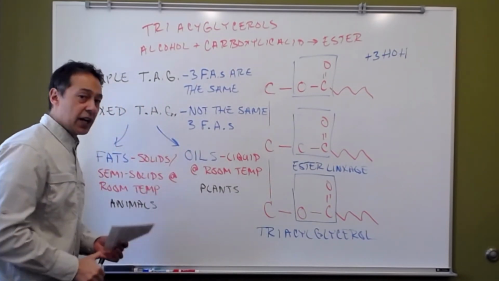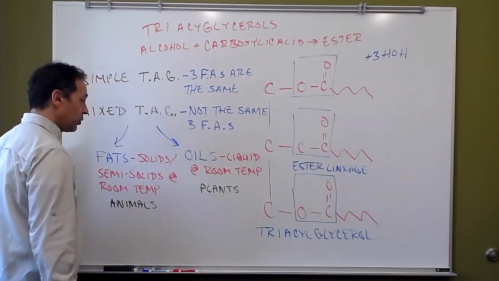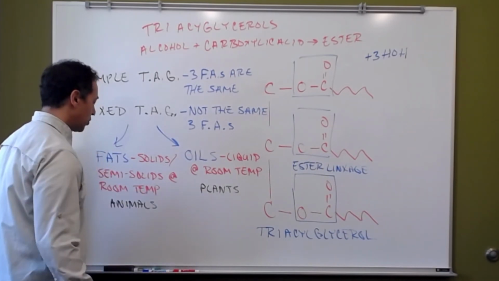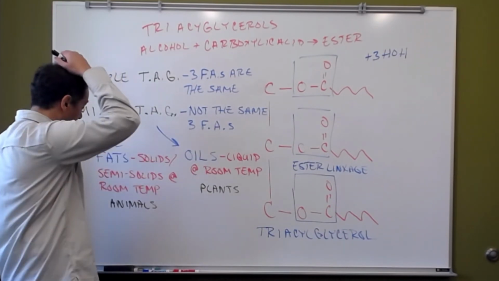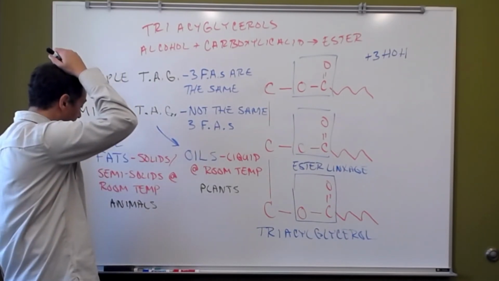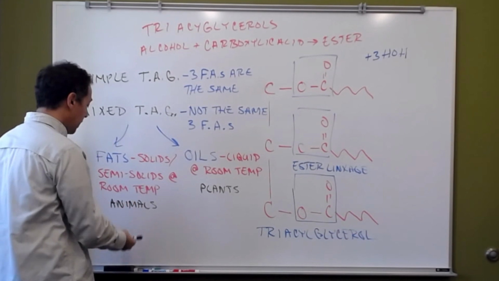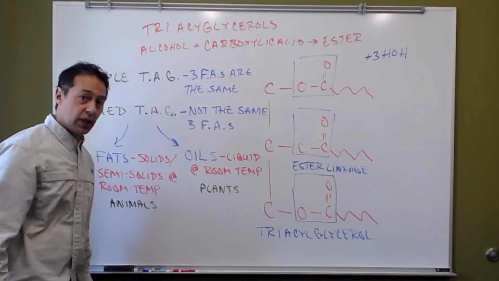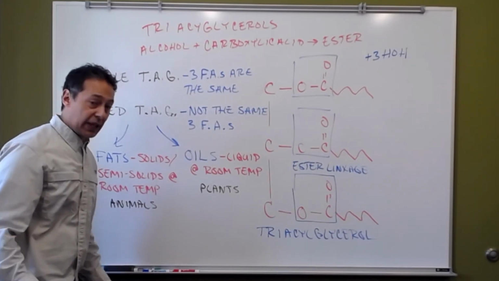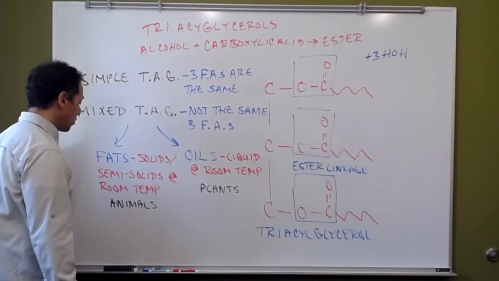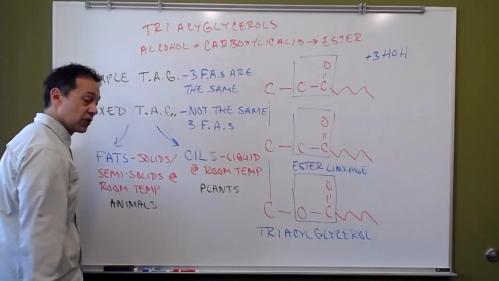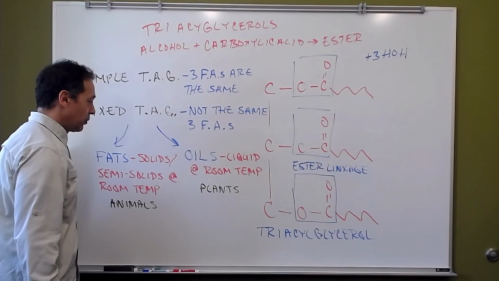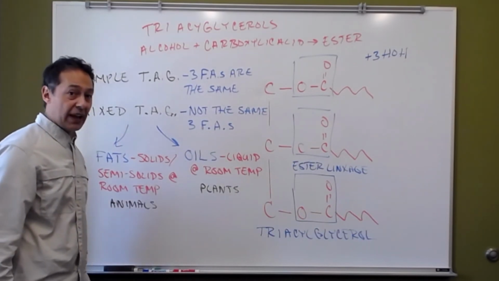Now that's not always true, because we do have some oils that are more solid at room temperature, and we have some fats that come from plants. An example of this might be avocado oil. Avocado oil is a plant sourced triacylglycerol, and it's a fat, and it's a solid at room temperature. And so sometimes we talk about good fats and bad fats.